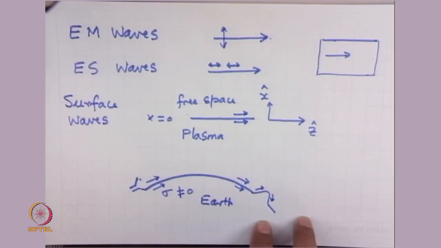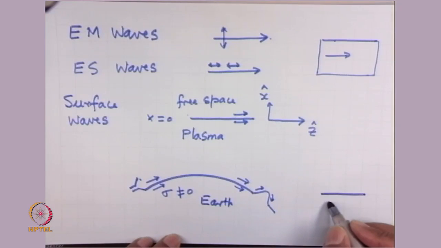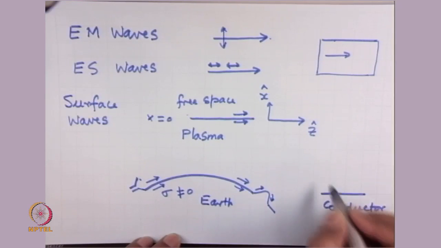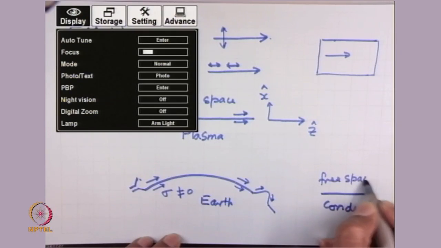In the last 30 years, a lot of interest has been generated on these waves, especially the waves propagating over the surface of a conductor like gold or silver and free space. So these waves are guided along the surface.